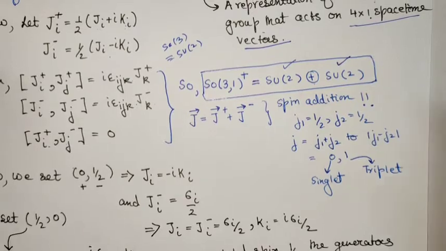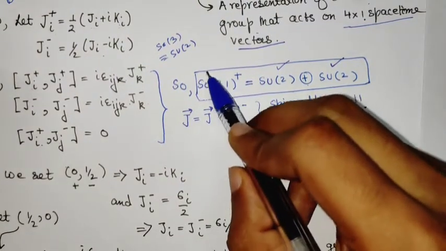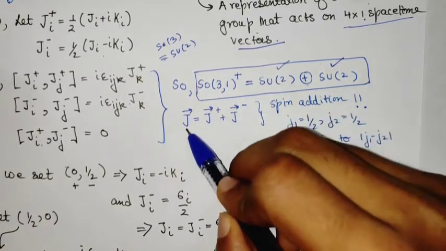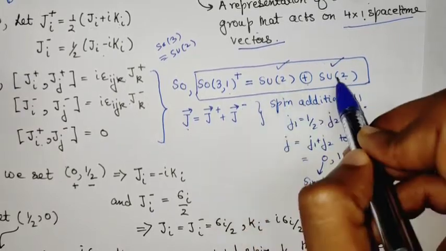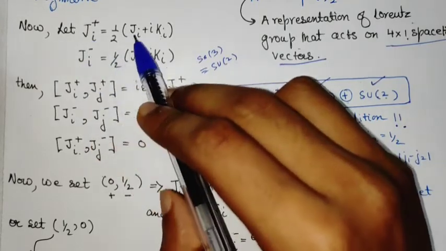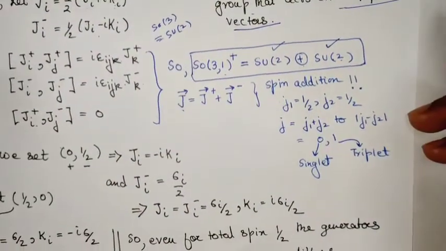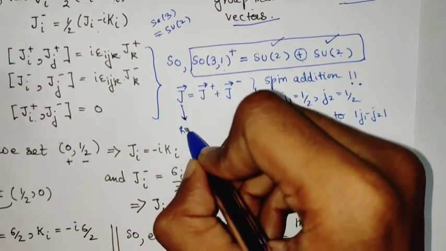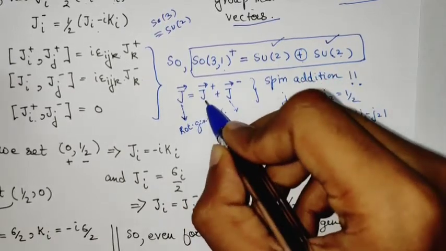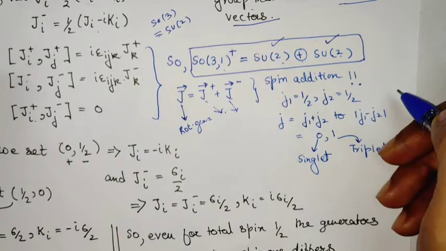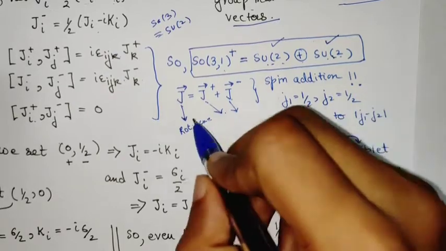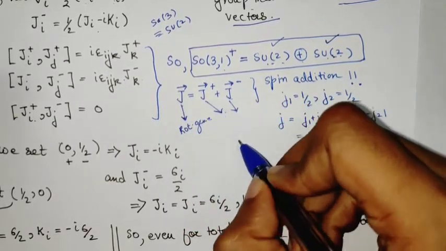So if we remember, what we have on this left hand side is, suppose, the generator of rotation. With this particular connection, if we add these two, we will get a generator of rotation. So what we are saying is that the rotation generator is the sum of two generators of SU2 algebras, but SU2 algebras are the Pauli algebras.